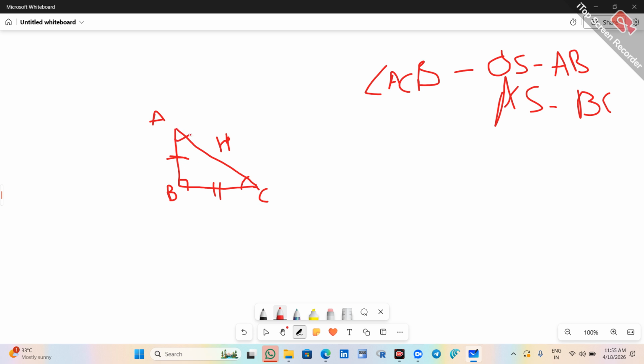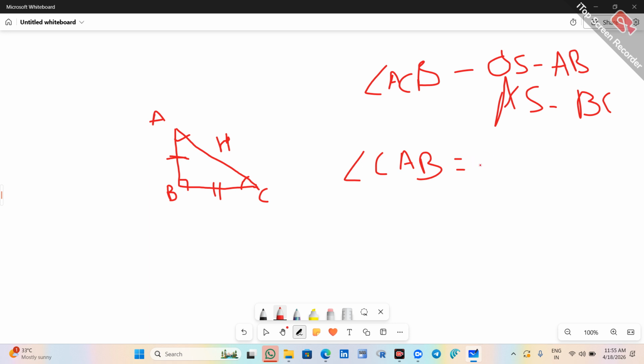So if we take angle A, means angle CAB. Today I will just discuss the basics of trigonometry, and in the next video I will answer some examples from the exercise.